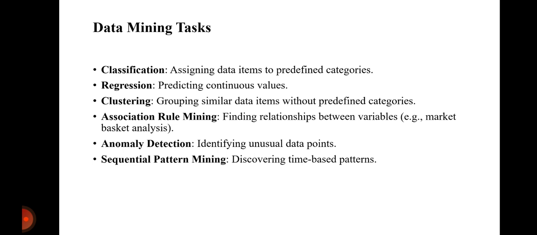Classification. When it comes to classification, it is a method in the machine learning process. Suppose we have a large data set in which both good and bad apples are present, and we have to classify them.